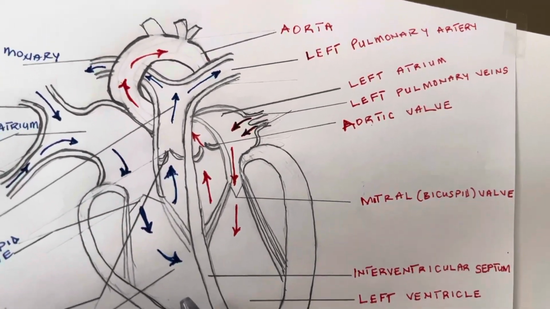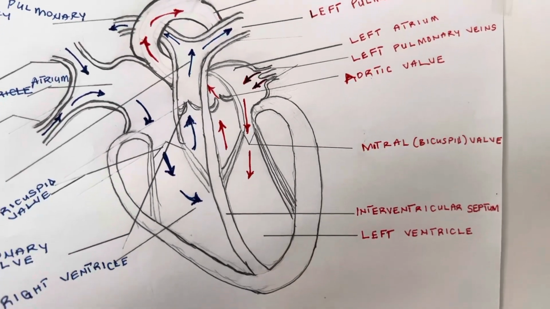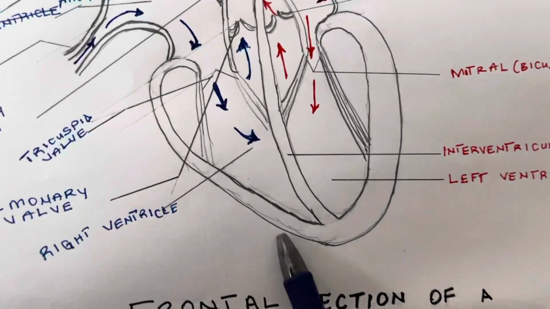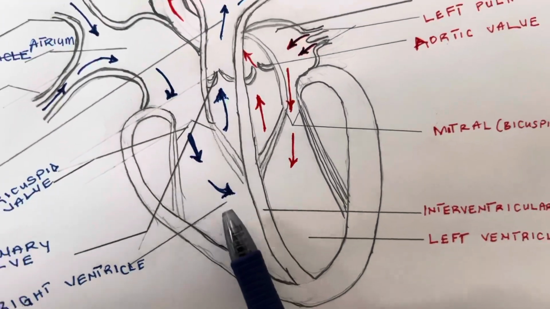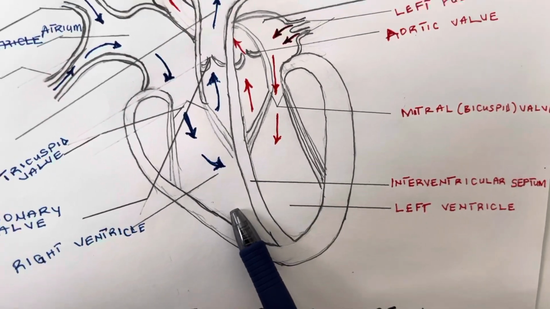And then I wasn't able to draw into details because my work was getting messy. So I didn't bring the muscles here, but I know we have the papillary muscles.